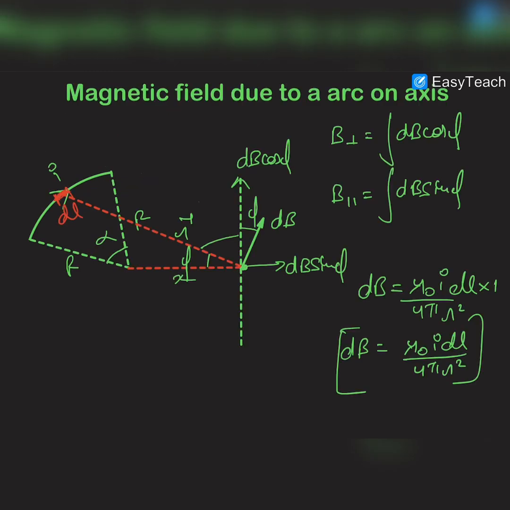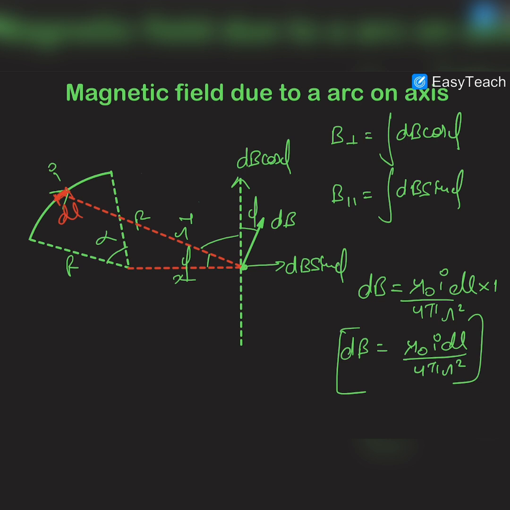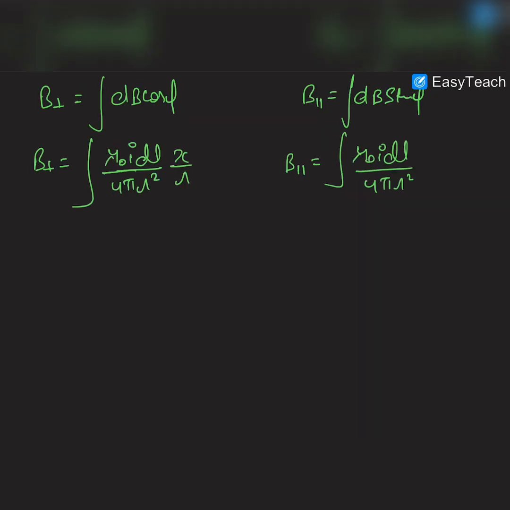Cos phi will be x upon r, and sin phi will be capital R upon small r.